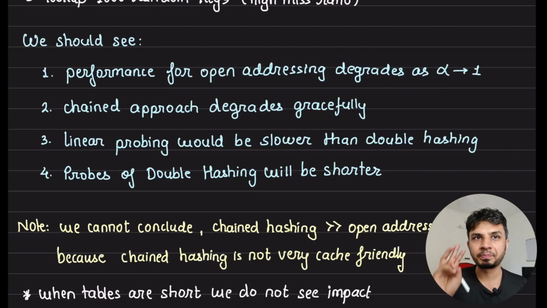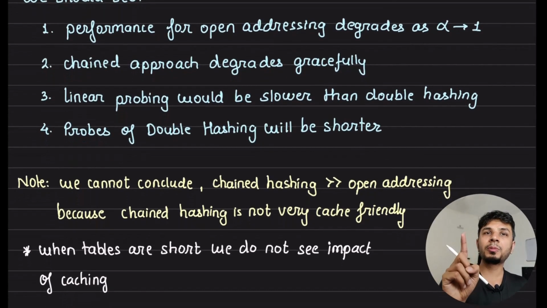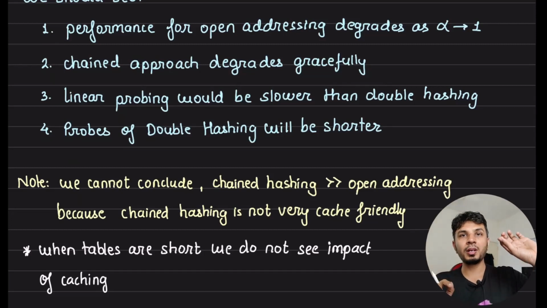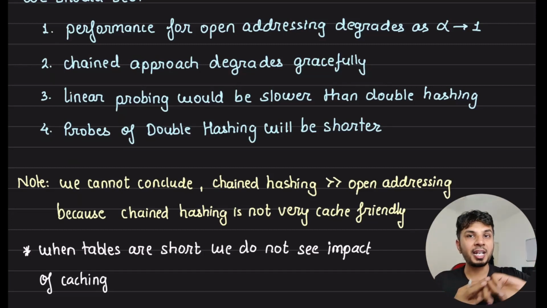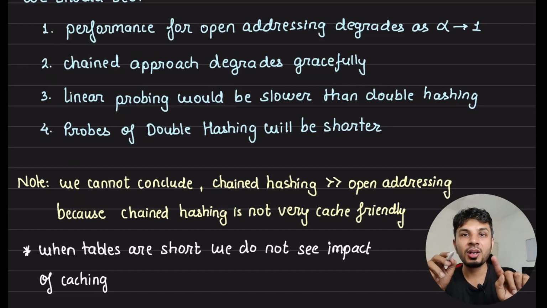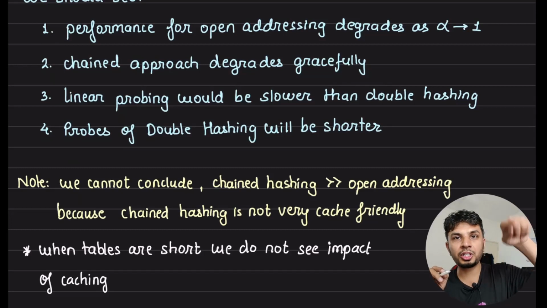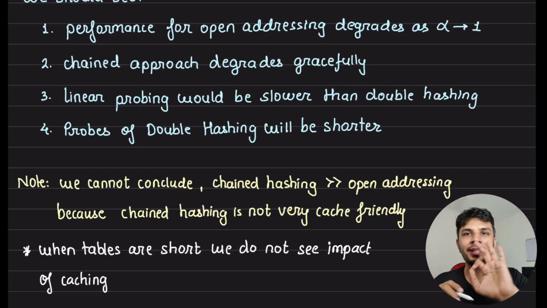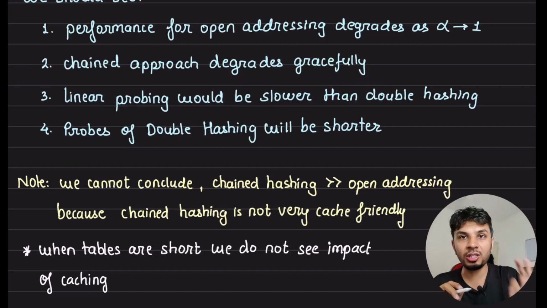Third, linear probing would be slower than double hashing. It is always true, because double hashing makes you jump here and there. It does not have a large number of clustered collisions. Linear probing sees clustered collisions, so your lookup time increases when you have a large number of collisions for a slot. So linear probing would be slower than double hashing in almost all cases because of clustered collisions.